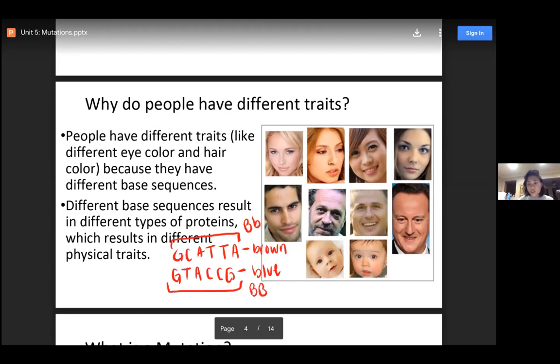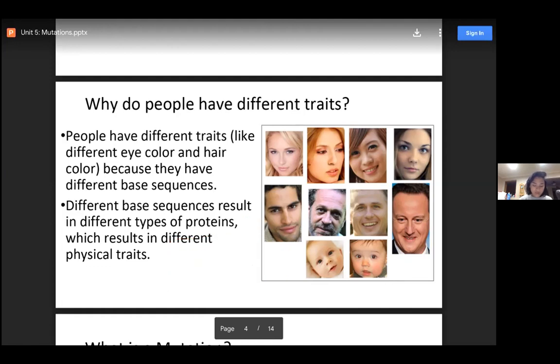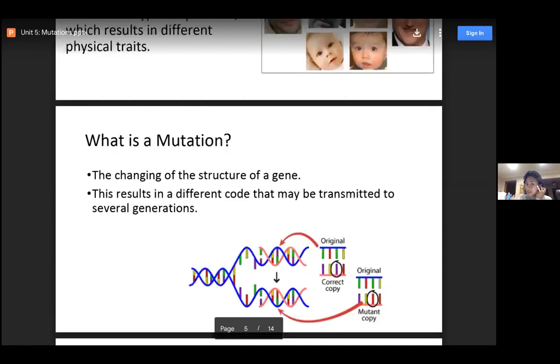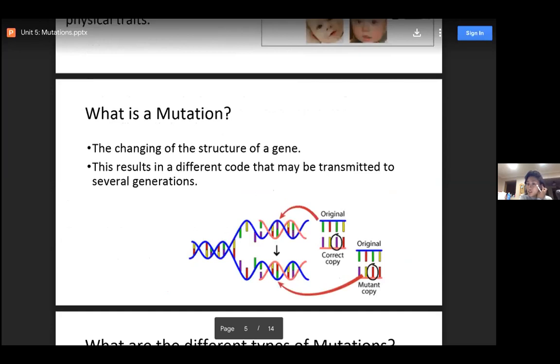Beneath the genotype, which is already a code, lies even more DNA code at the basis of it. And a lot of different mutations can happen to these DNA sequences. So what is a mutation? A mutation is not just Teenage Mutant Ninja Turtles, not just X-Men. A mutation is when the structure of a gene has changed.